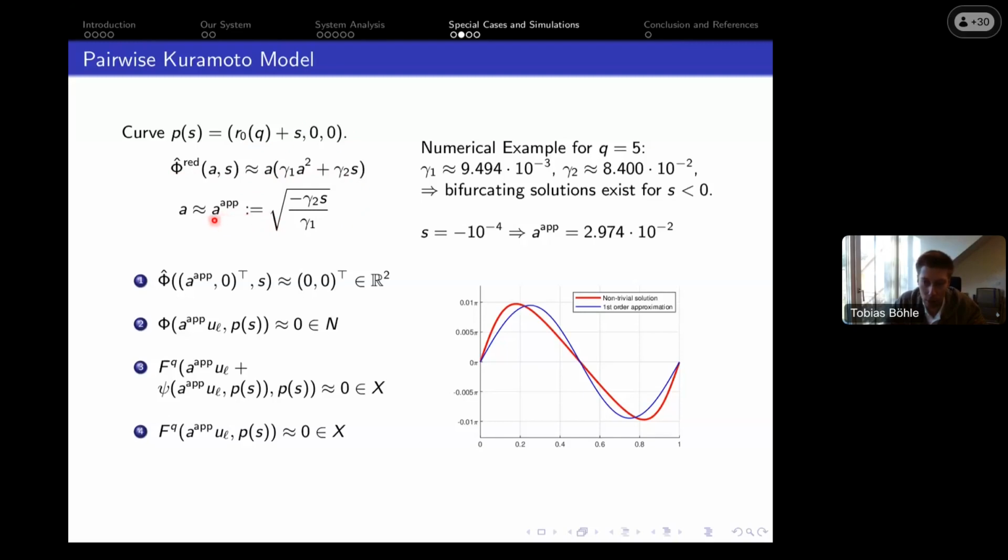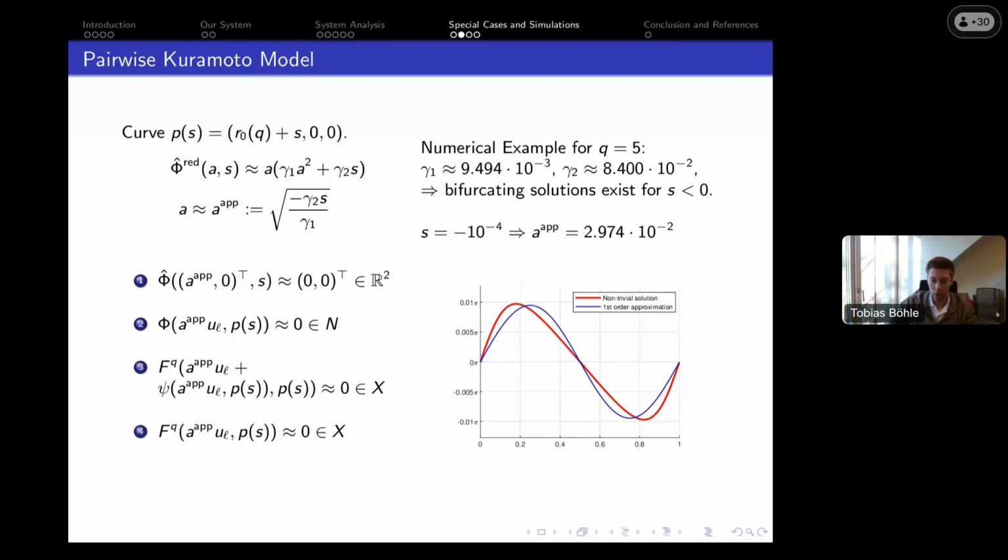And so if you compute this value, you know that phi hat applied to a vector A approximate and 0 is approximately equal to 0 as a value in R2. But then because phi hat is just the coordinate version of phi, you know that phi of A approximate times UL is approximately equal to 0, but now as an element in the null space N. Then what you can do is reverse the Lyapunov-Schmidt reduction.